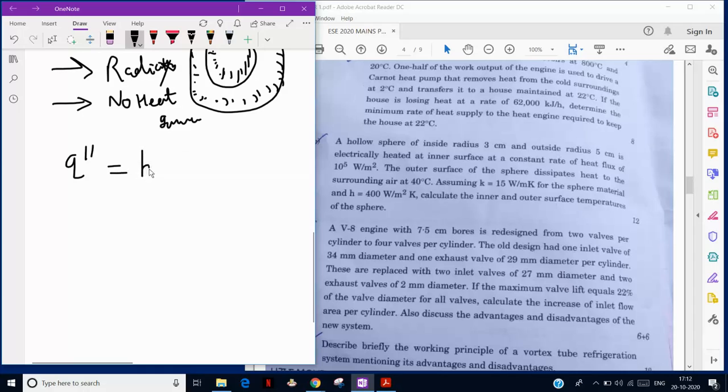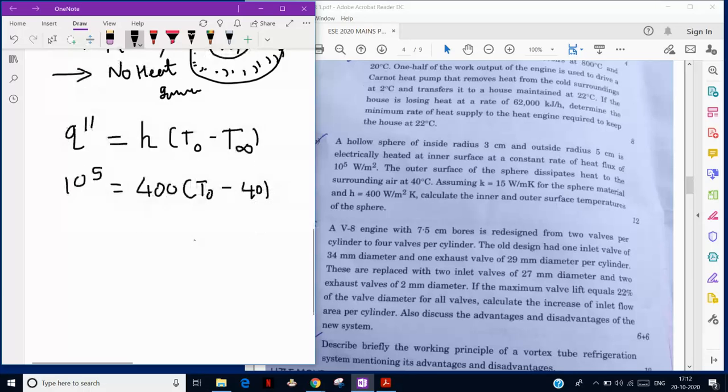Heat loss by convection is given by hAΔT, but A is accommodated in the heat flux, so h into ΔT. ΔT is the outer surface temperature minus the ambient air temperature. Heat flux 10 raised to 5 is equal to h, which is 400, into the outer temperature minus the ambient air temperature of 40 degrees Celsius.